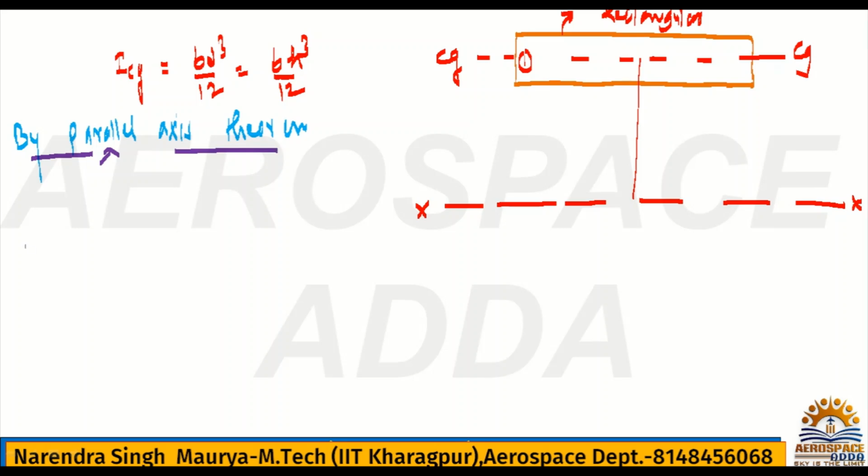What is the parallel axis theorem? To calculate moment of inertia about any axis xx, that formula will be ICG1 plus area of section 1 into the perpendicular distance. I can consider this perpendicular distance as y1, so it's nothing but A1 y1 square.